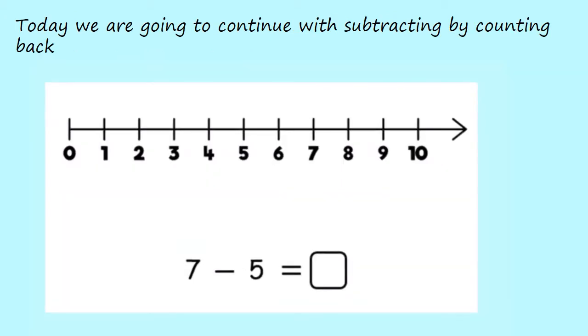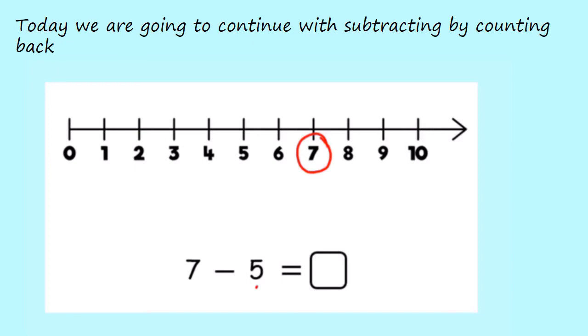Today we are going to continue with our subtracting by counting back. So let's read the subtraction number sentence together. 7 subtract 5 equals blank. Now I know I need to start on the first number, so I'm going to start on 7. How many jumps am I making backwards? How many am I subtracting?